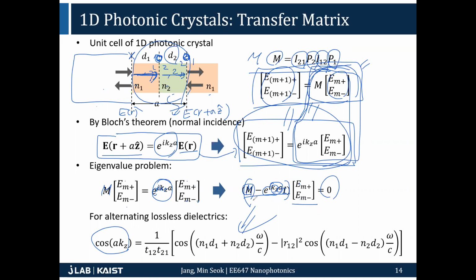And also, if you think about the M matrix, it has all these R1, 2, N1, 2, and T1, 2 stuff, so you can easily imagine that if you combine these and take the determinant, you get this type of an equation, right? So I just recommend you to try this by yourself. Okay, you can just try this. So you get the dispersion relation.